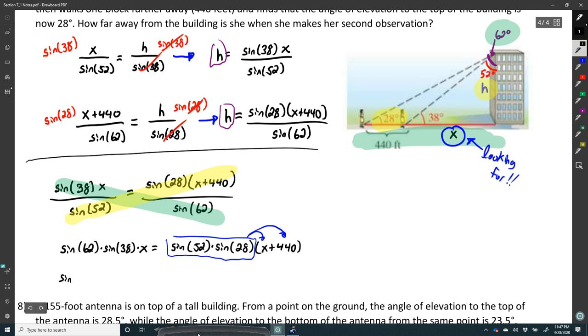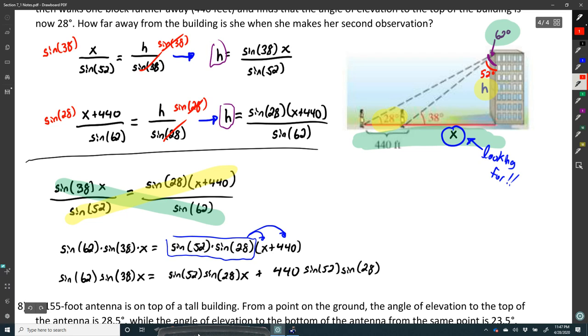Let's write it all again. All right, almost done though. 440 sine of 52 sine of 28. Right, now all I got to do is subtract this to the other side.